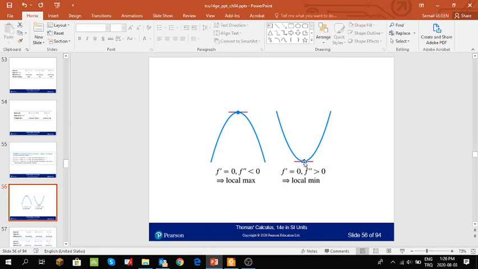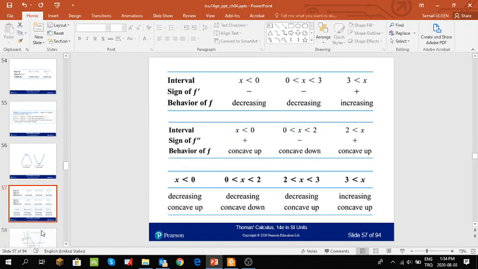Similarly, c is a critical number here, which means the derivative at c is equal to 0, and the second derivative is positive, which means the graph is concave up. So we get a local minimum, as you would see here, at c. So you can see the picture and how the second derivative test implies local max and local min here.